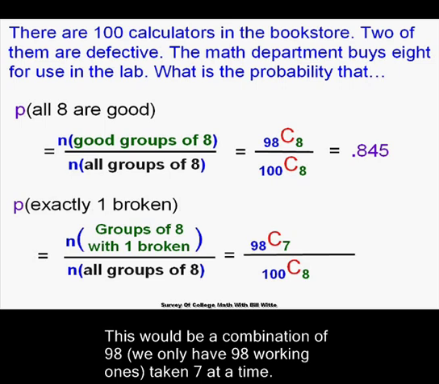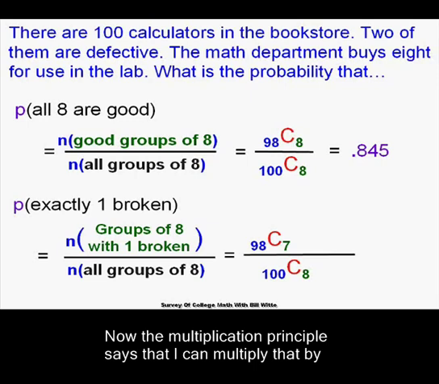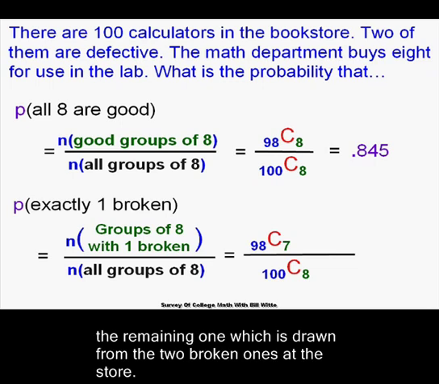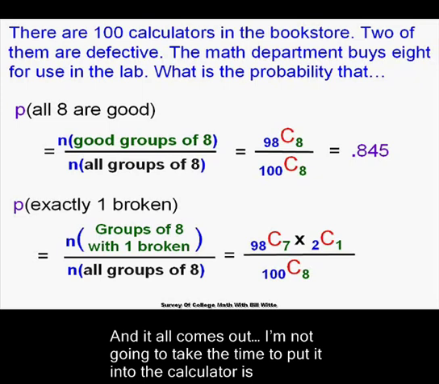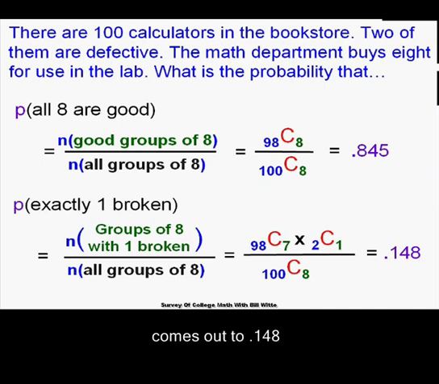Now the multiplication principle says I can multiply that by the remaining one, which is drawn from the 2 broken ones at the store. So that'll be a combination of 2 taken 1 at a time. I'm not going to take the time to put it into the calculator, but it comes out to 0.148.